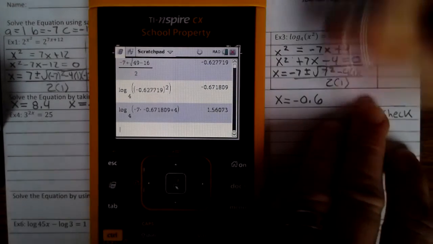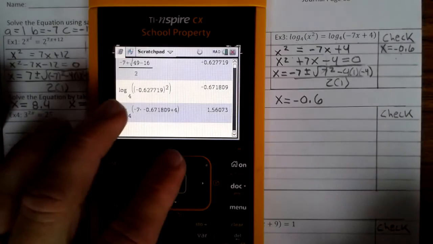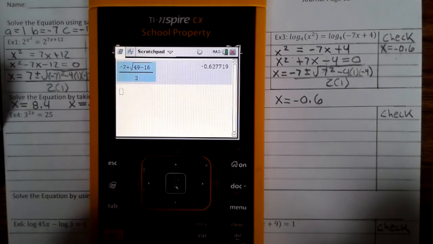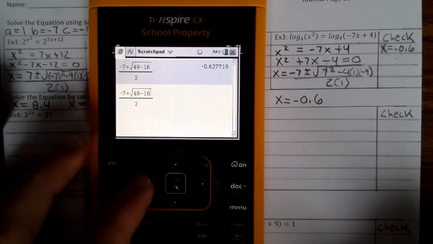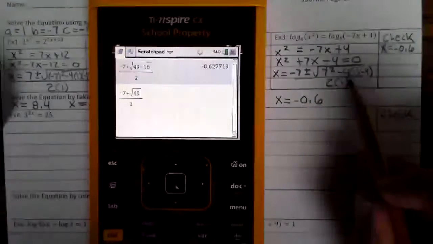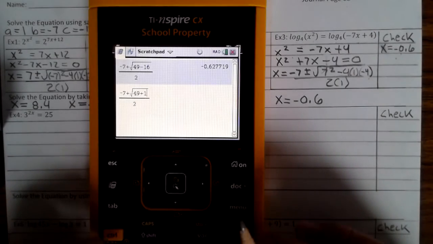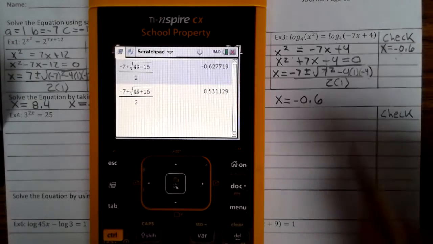Let's highlight, enter, change this. Now this is 49. And that would be negative 4 times a negative 4 is a positive 16. So that's plus 16. Press enter. So we see here our answer is actually 0.5. Now that changes things.